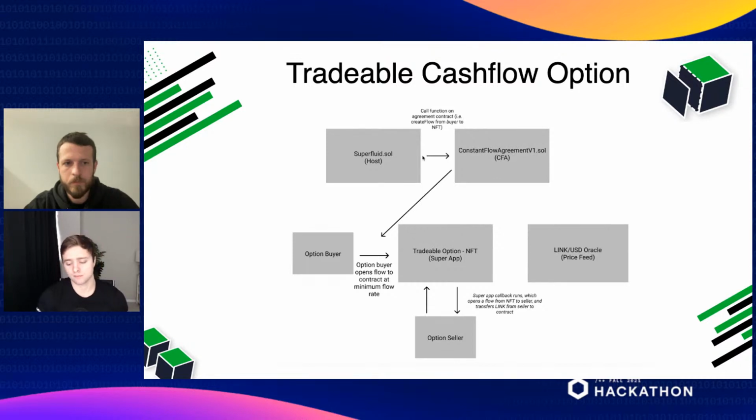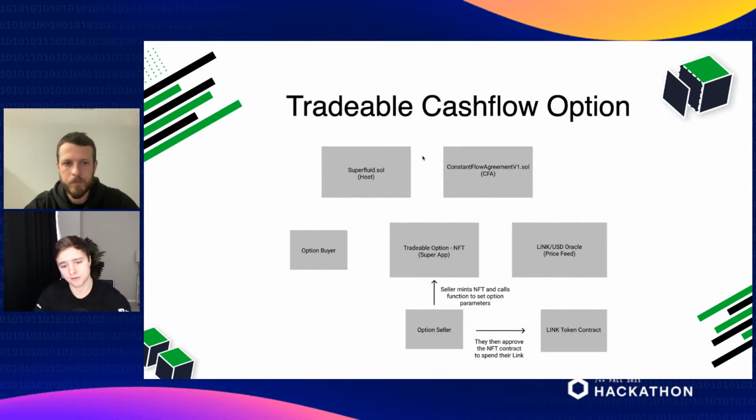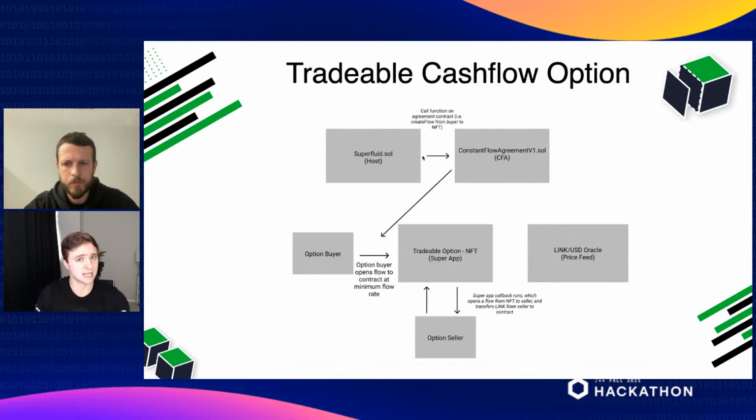And if in this function that the option seller calls, they have $100 per month as the required flow rate, and the option buyer sends that minimum amount, so $100, the option will then be activated. So when the option is activated, that money stream, that $100 per month, will be sent to the option seller, right? So they'll be receiving that option premium over time. And then the Link will be sent from the option seller into the option contract.